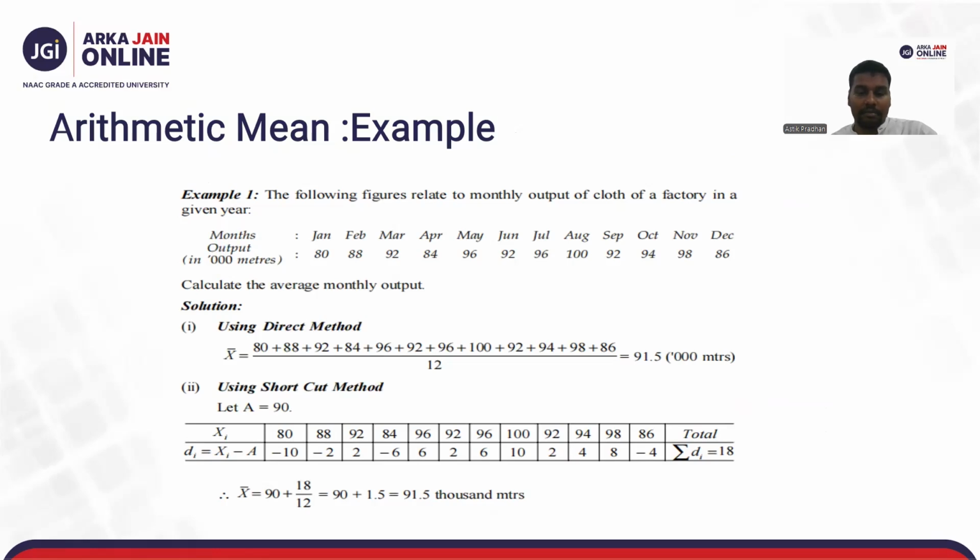Not the mean value, the total value in the form of deviation is going to be 18. So 90, the assumed value, plus 18 by 12, that is going to give you 91.5.